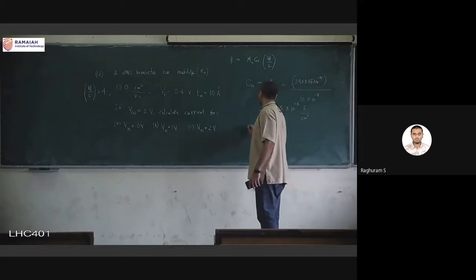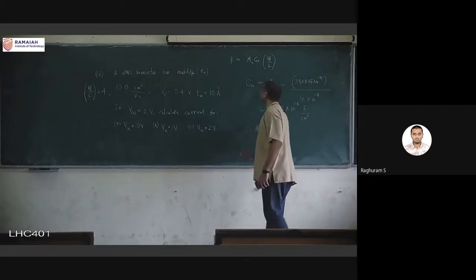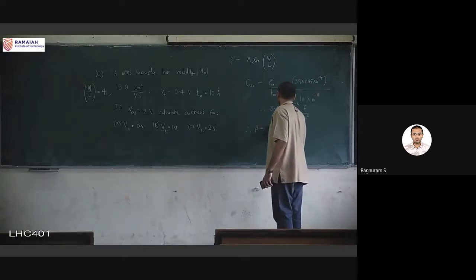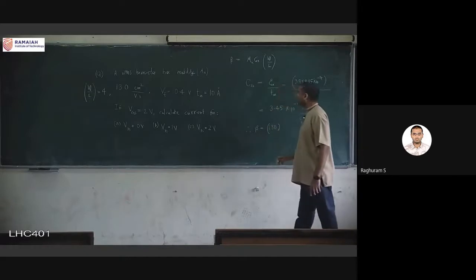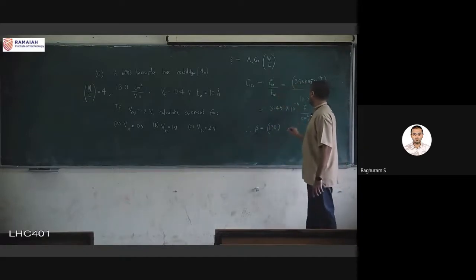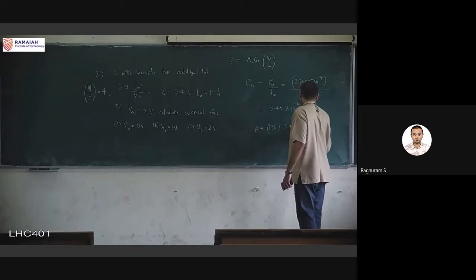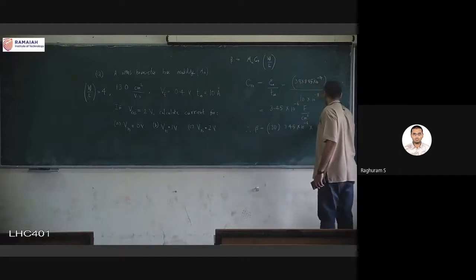Therefore, beta equal to, mobility is given as 130 into C oxide, which is 3.45 into 10 power minus 6 into W by L is 4.